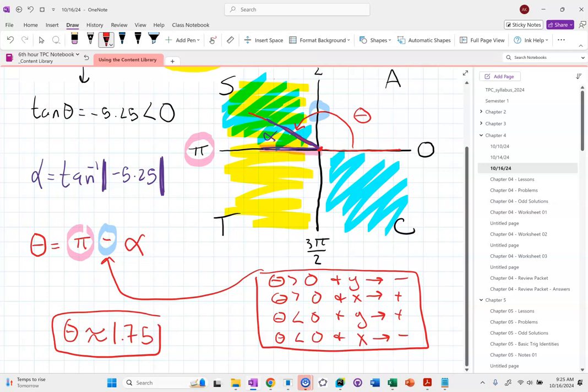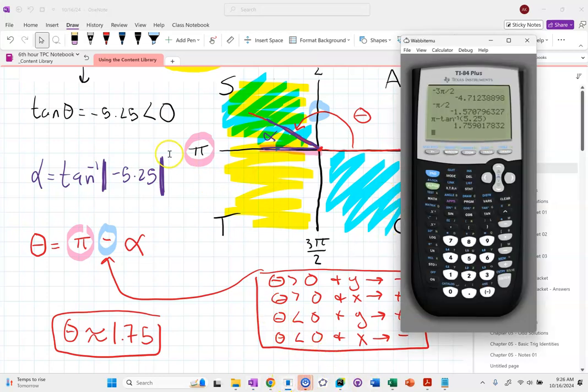But every one of these answers is checkable, and I'd encourage you, especially as you're working on your homework the first time, to do the checking. The check has two parts. The first thing I want to check is that if I do tangent of this angle theta, I get that negative 5.25 back.